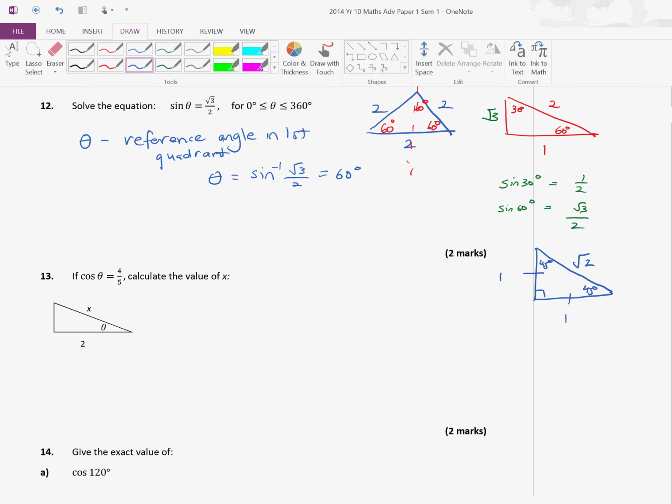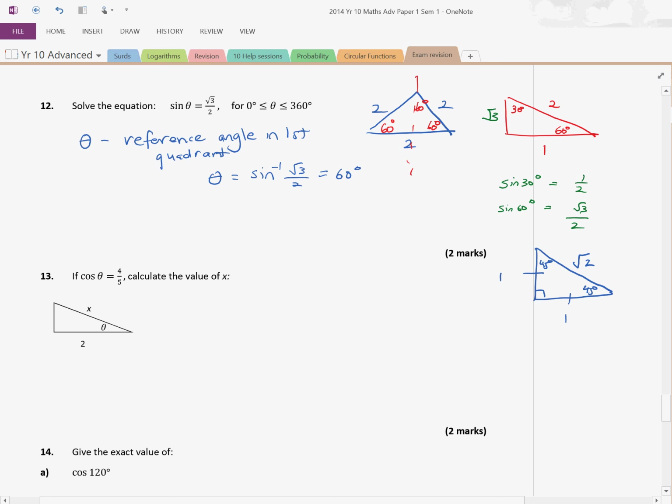Now, as I said to you, CAST: she sleeps through class, all students take calculus. What it means is that sine is positive in the first and the second quadrant.